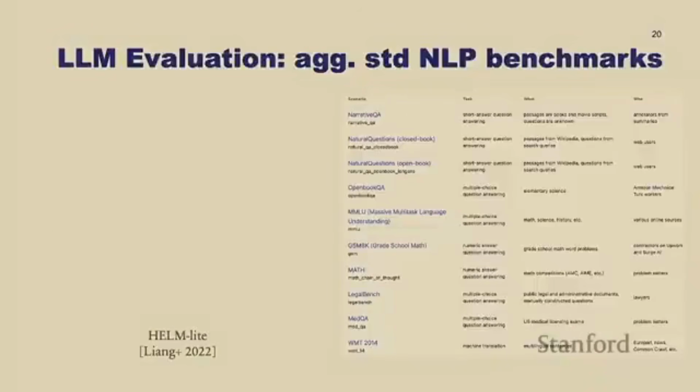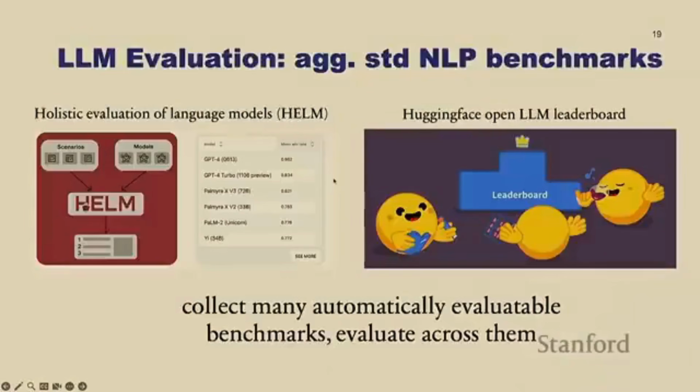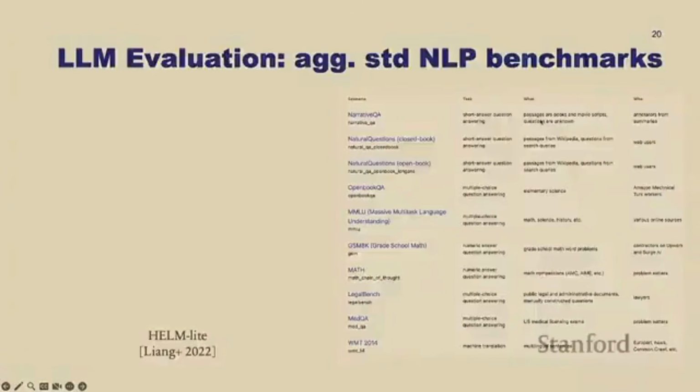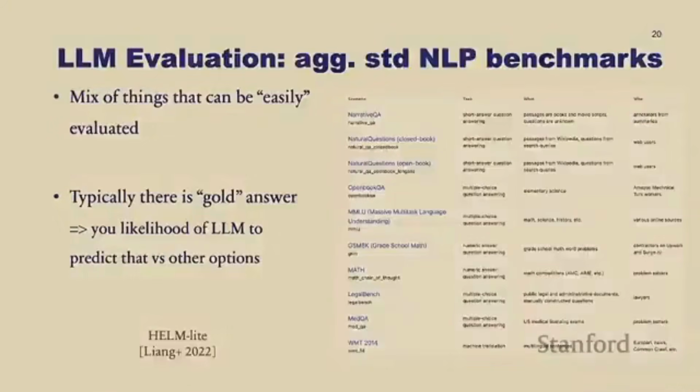Two such benchmarks are HELM, which is from Stanford, and the Hugging Face Open LLM Leaderboard, which are probably the two most common ones right now. Just to give you an idea, in HELM there are many types of tasks, mostly things that can be easily evaluated, like question answering. Think about many different question answering tasks. The benefit of question answering is that you usually know the real answer.